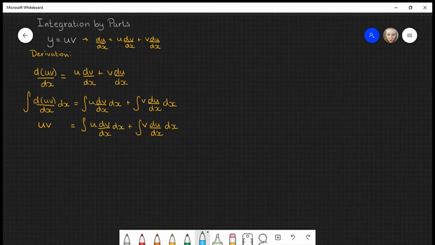Now all we need to do is rearrange. So I'm going to keep u dv by dx on its own and take everything else to one side. So uv remains the same, and we just want to minus the integral of v du by dx.